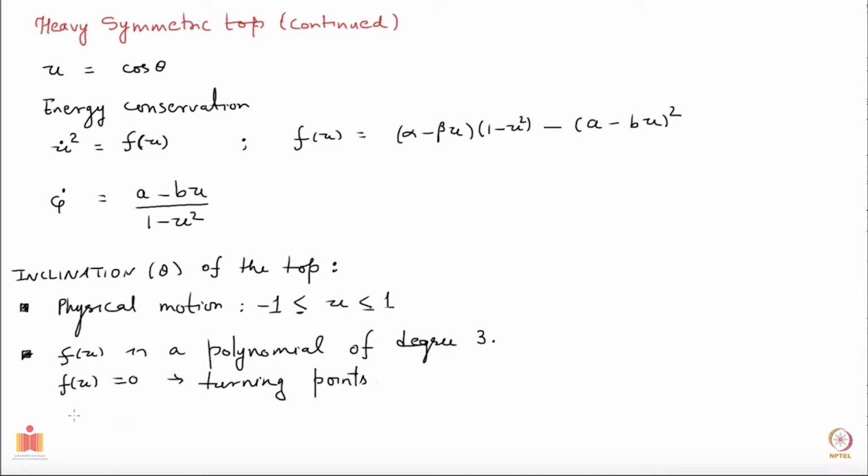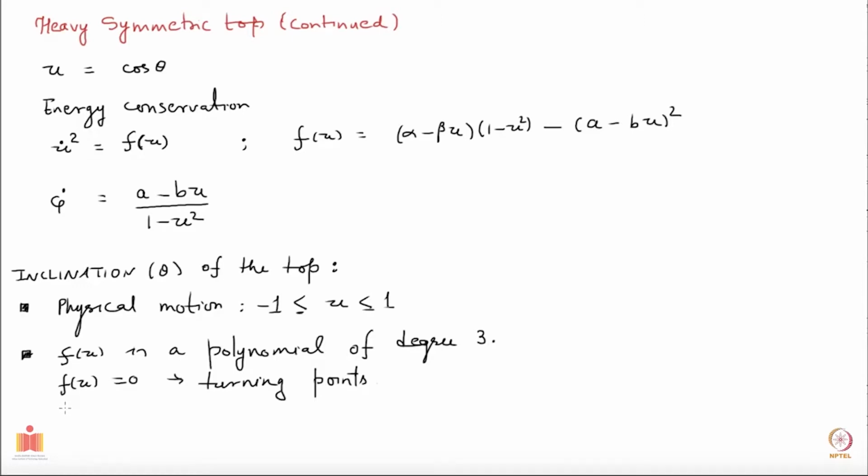Okay, that's good. Now f of u equal to 0 is a cubic equation, and you know from the fundamental theorem of algebra that this will have 3 roots in general. Okay, so let me write it down.